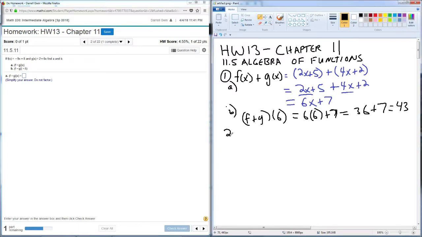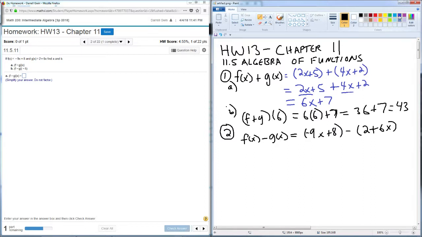Now, difference of functions, this one requires parentheses. So we have f of x minus g of x, and the f of x is negative 9x plus 8, and the g of x is 2 plus 6x. Double check, make sure I put it in the right order.